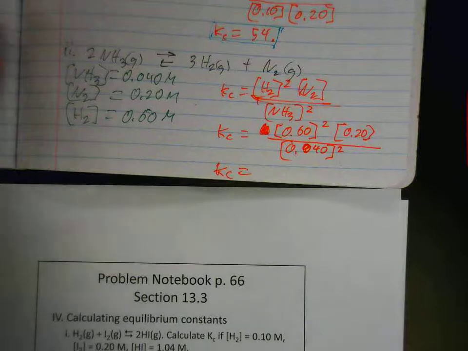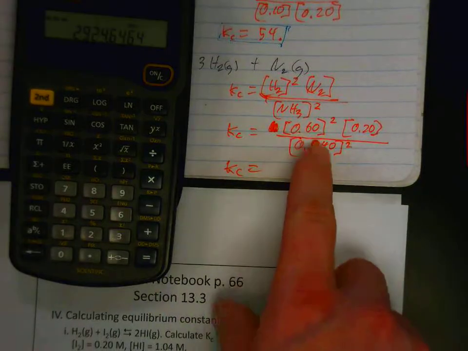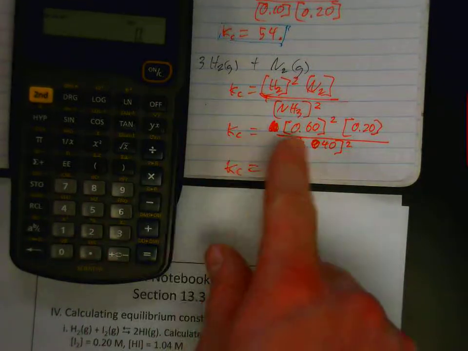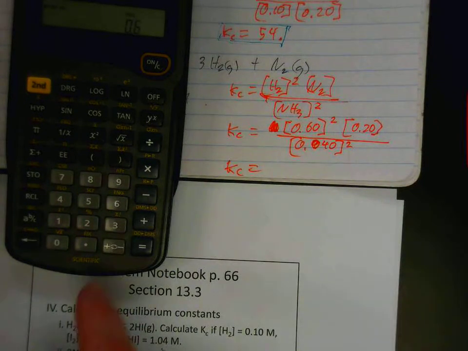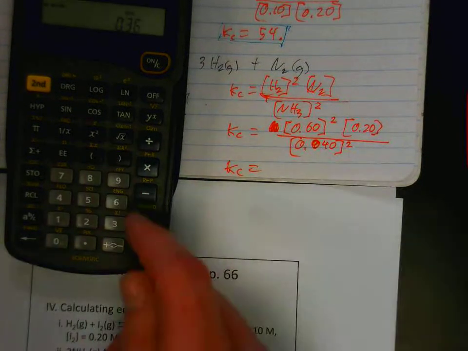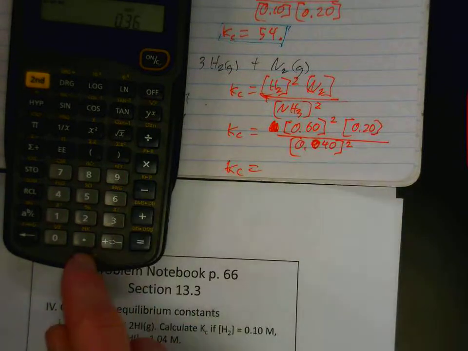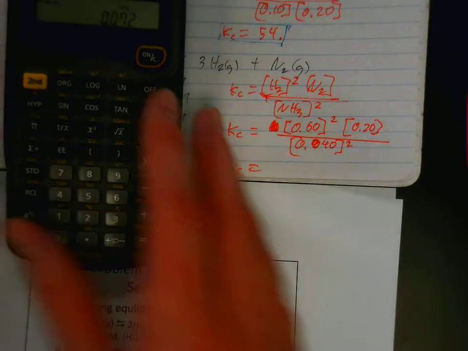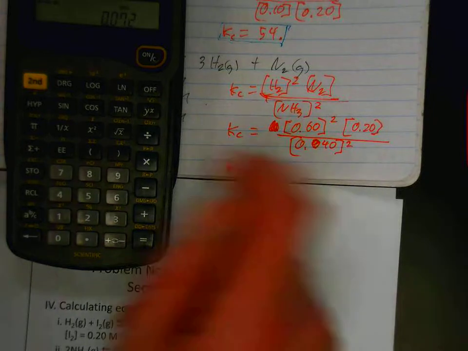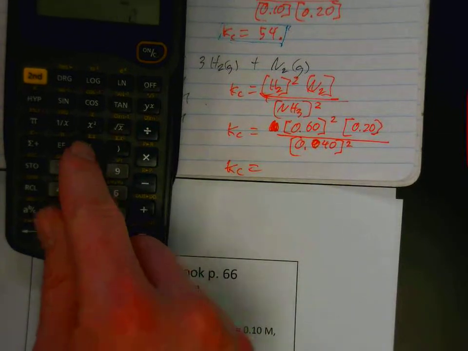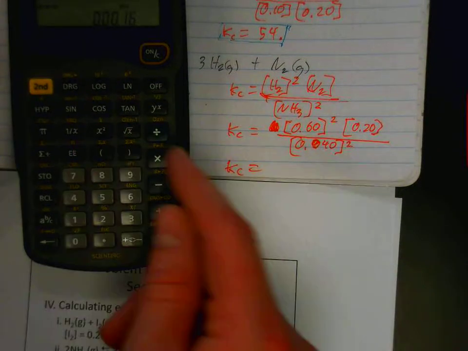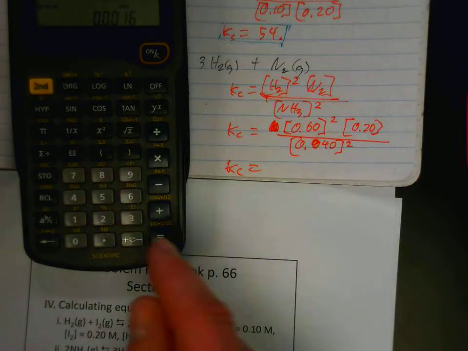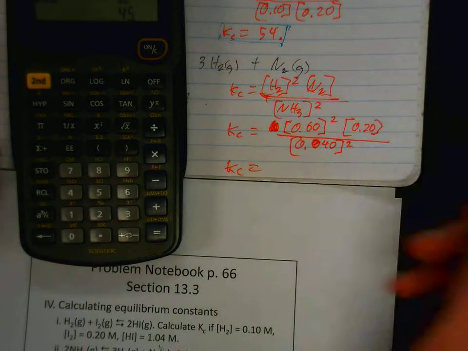Alright, we just calculate this, making sure that we're watching the order of operations. I'm going to do 0.6 to the power, and then multiply that times 0.2, and then divide by parentheses 0.04 squared, close parentheses, and equals. Comes out to 45.